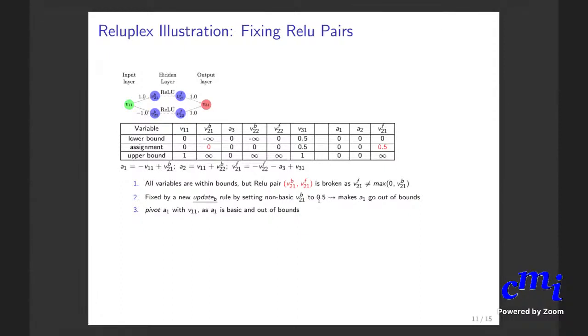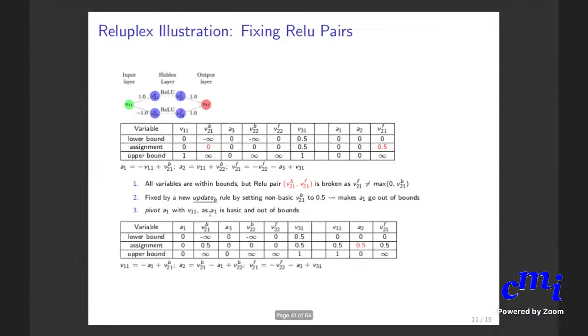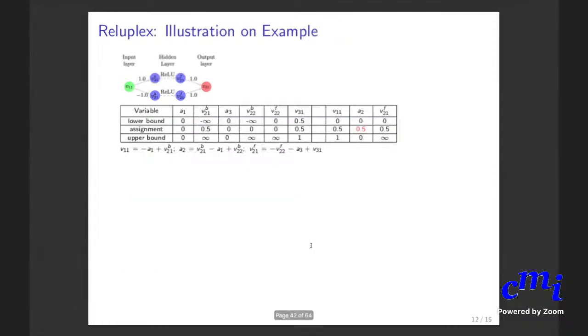And therefore you will now have to pivot A1 with V11. If I do that, then I get this. So A1 moves into the non-basic set with V11 going to the basic. This is a simplex step, the pivot operation.